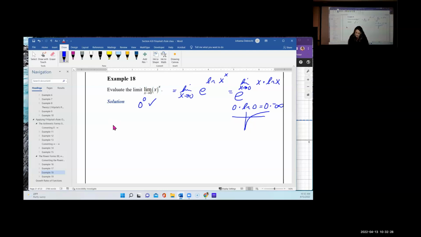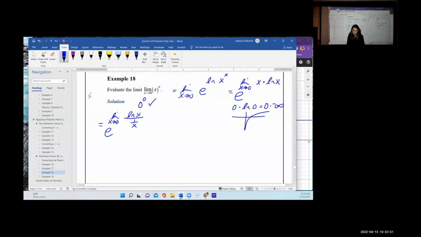So instead, I'm going to have to apply that trick of dividing by the reciprocal. So multiplying by x is the same thing as dividing by 1 over x. All right? The denominator of the denominator goes in the numerator. So this is the same thing as x times natural log of x.